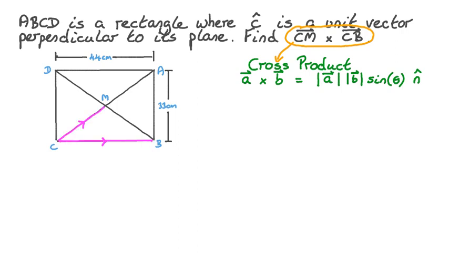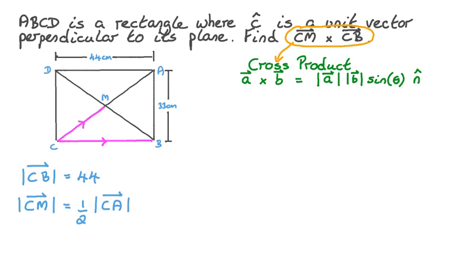In this question, we need to calculate the cross product of vector CM and vector CB. As the magnitude of any vector is its length, then the magnitude of CB is equal to 44, as the sides DA and CB on the rectangle are equal to 44 centimetres.